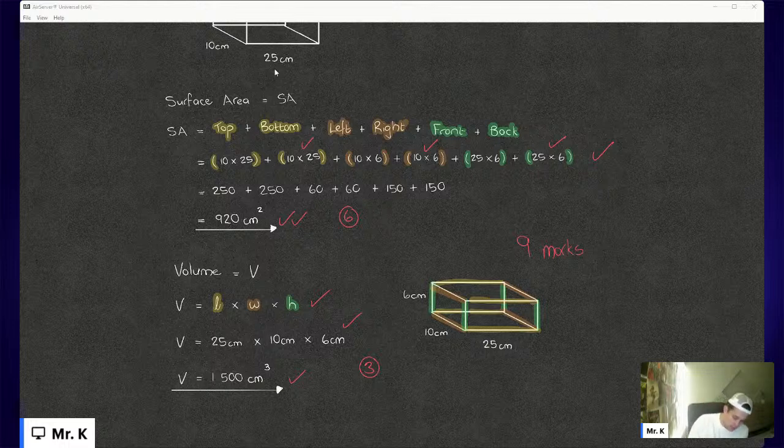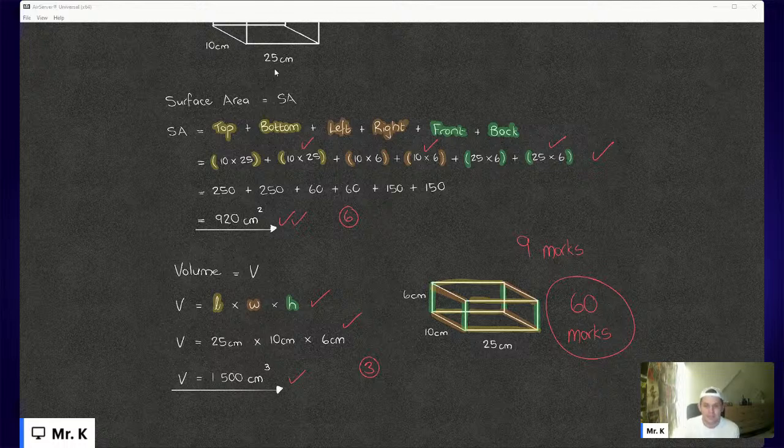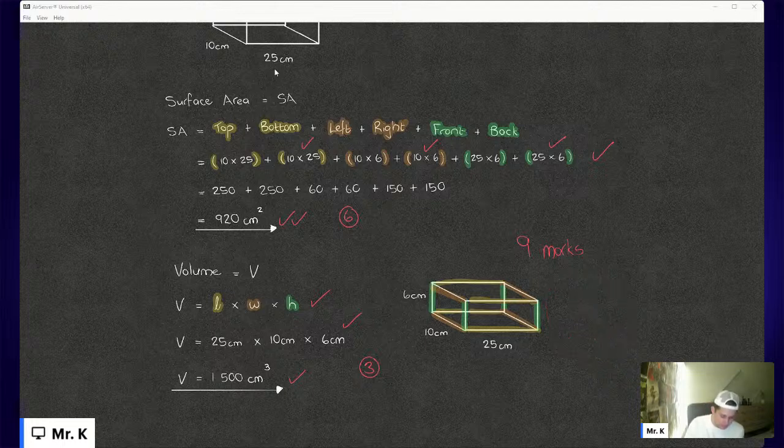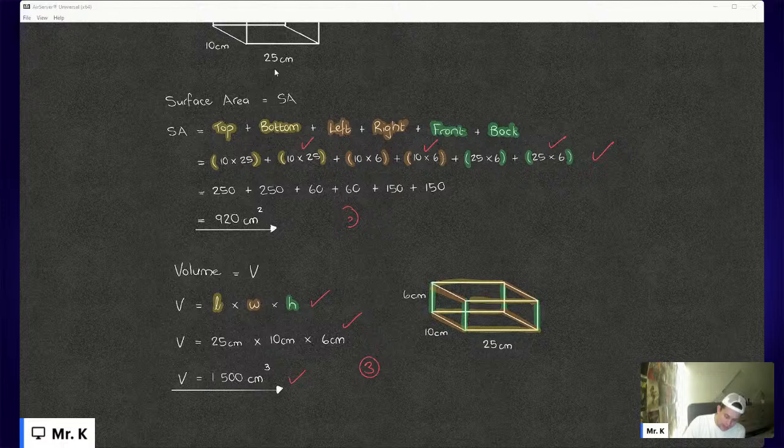And if you think about the fact that most tests are out of about 60 marks for 60 minutes, that one question is already more than 10% of your test. Okay, so it's worth taking the time to work your way through these questions slowly, making sure that you are working accurately so that you don't make silly mistakes.